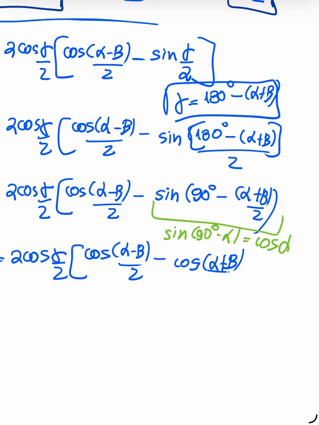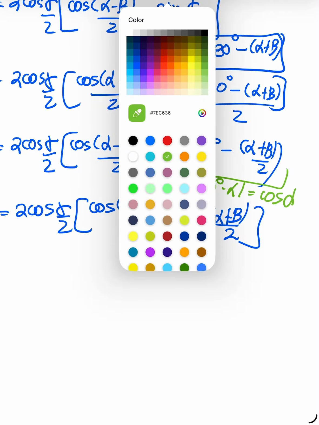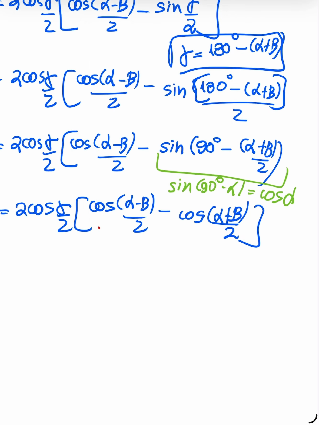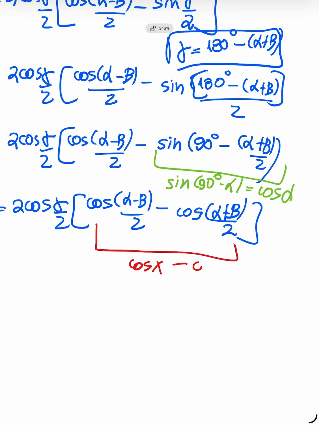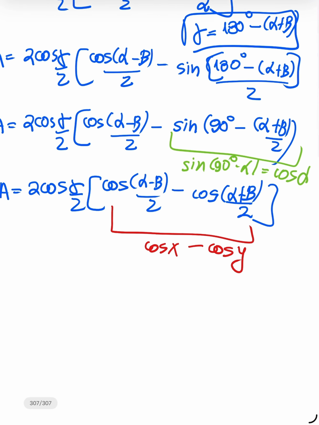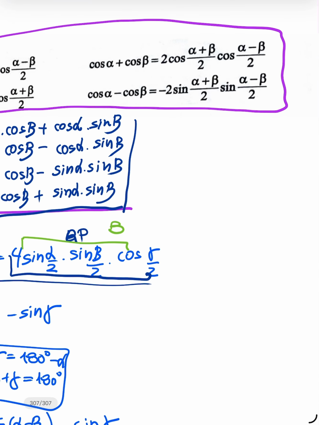Now in the brackets we have the formula for addition of trigonometric functions. We have the same as cosine x minus cosine y, for example. So here we can see the formula when we subtract.